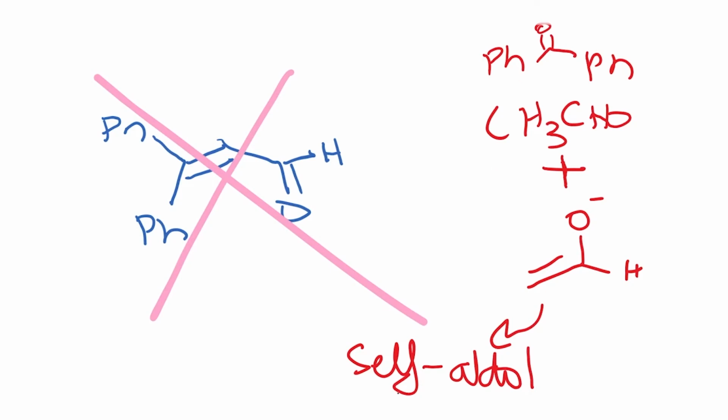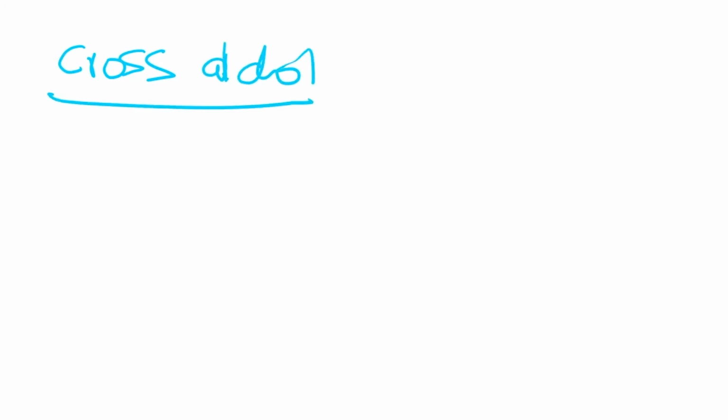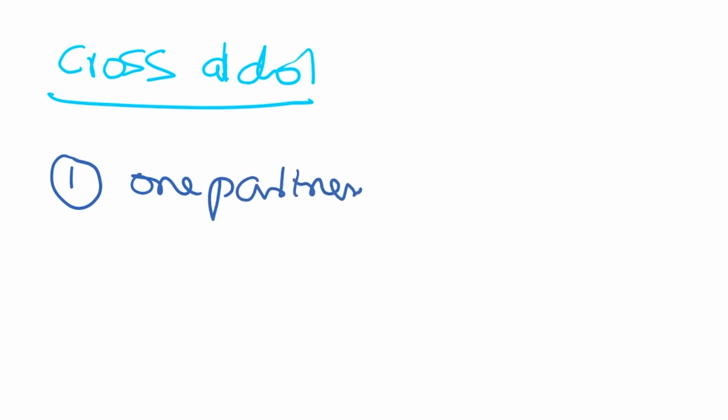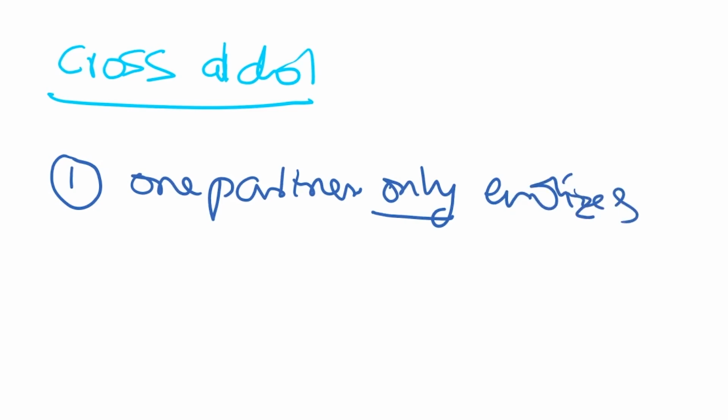So therefore, in order to generalize this concept, what we need to understand is the following. In order for cross aldol to occur, point number one would be that one partner only enolizes, right? So this is obvious because if you have both partners enolizing, then you have a problem of generating multiple enolates.